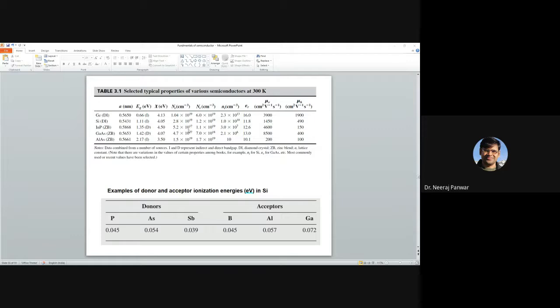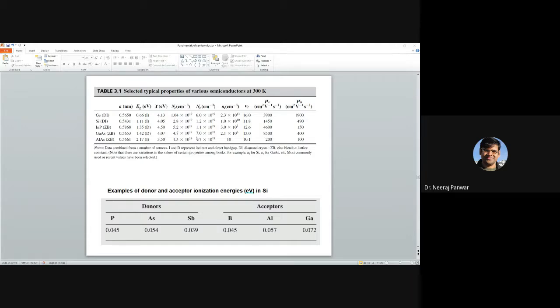So if the doping level is like 10 to the power 14 per centimeter cube, 10 to the power 15 per centimeter cube, which is much smaller than these numbers, therefore such semiconductors will be called non-degenerate semiconductors.